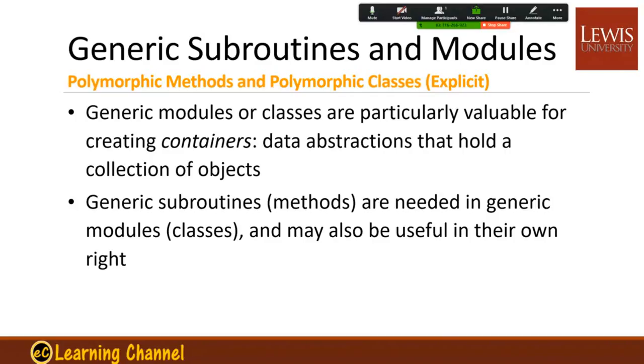That's valuable for generic subroutines. And we also have the generic module or generic class. Usually those generic classes can be used as a generic container, such as arrays in the Java language. That is one example of a generic container.